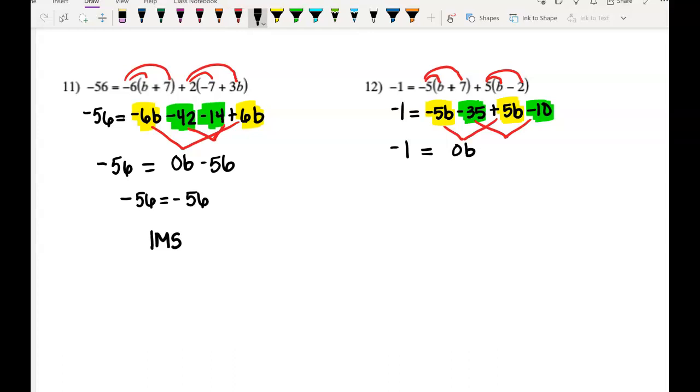So those add up to negative 45. So does negative 1 equal negative 45? Are those two equal? No, those are not equal. So what did we say happens when the variable disappears and what's left is not equal? No solution.